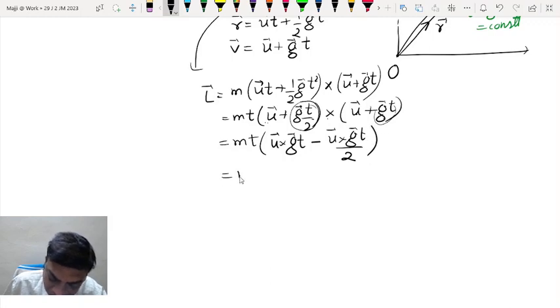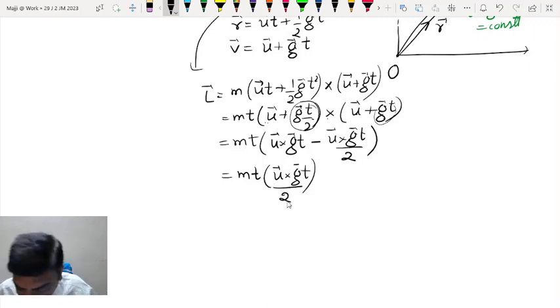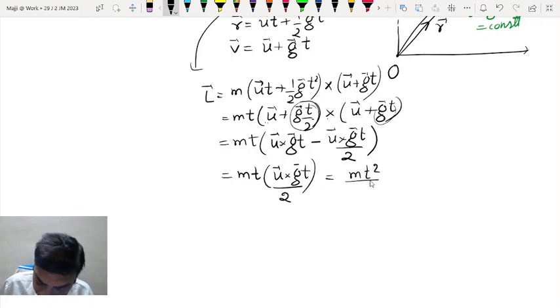So therefore finally we are left with vector u cross gt by 2. This is the final. So t can be taken outside. So we have m t square by 2 into vector u cross vector g.